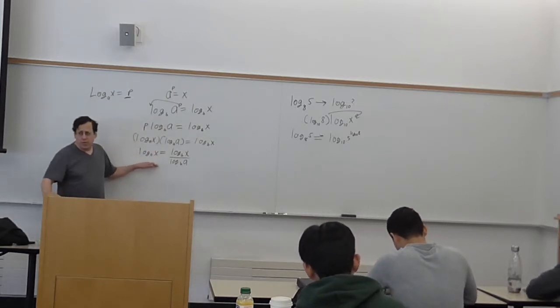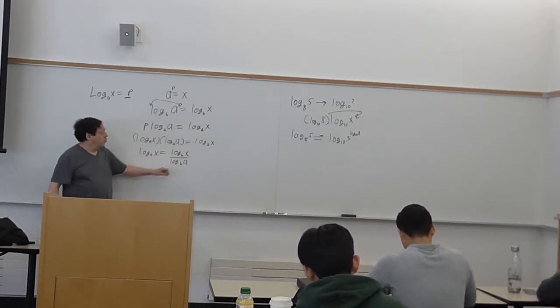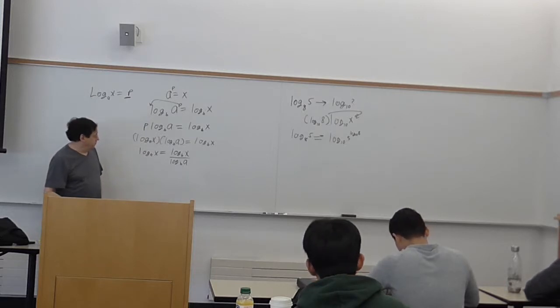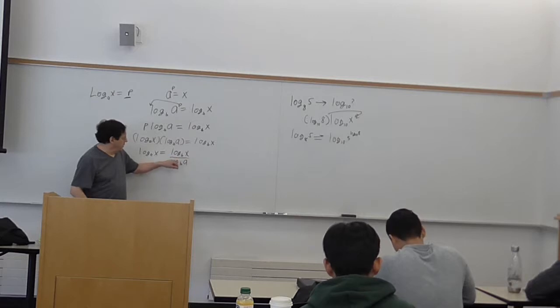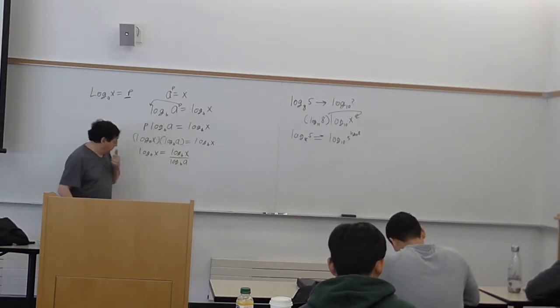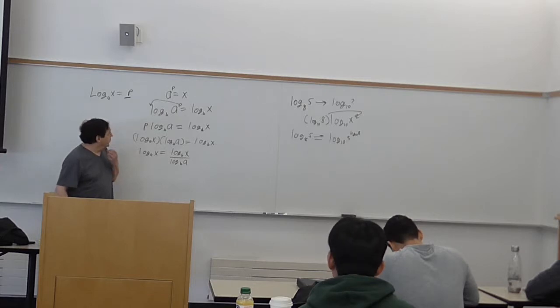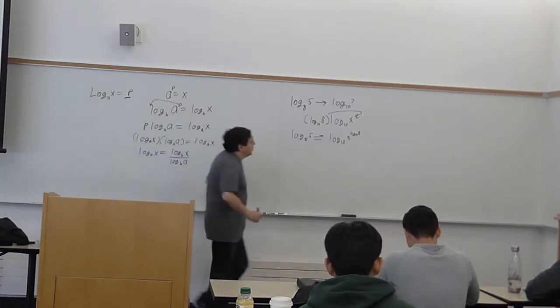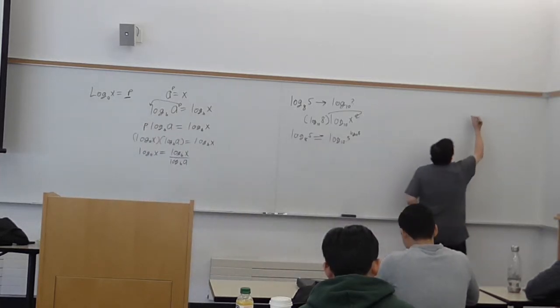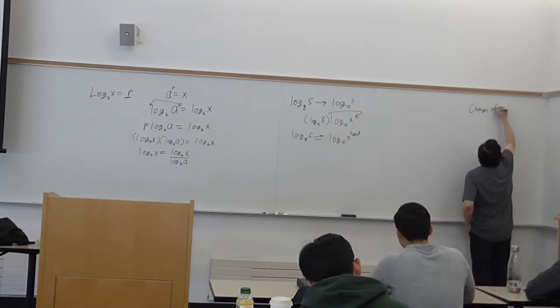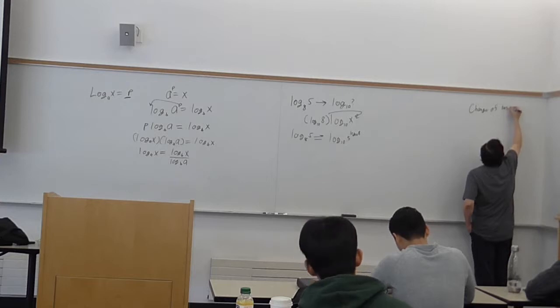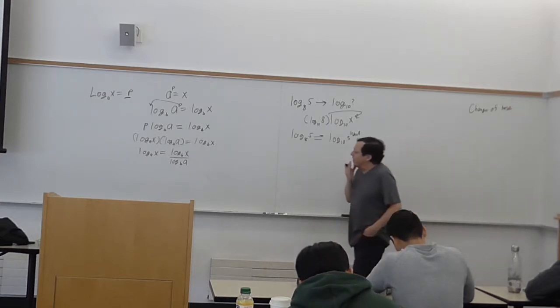And this is a fairly easy way to remember it, because at least you have the same base here, log to the base b of x over the log to the base b of a. Okay, again, this is a change of base formula.